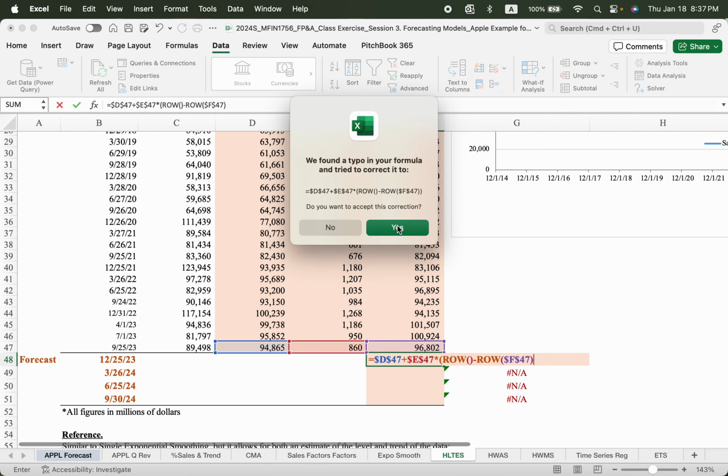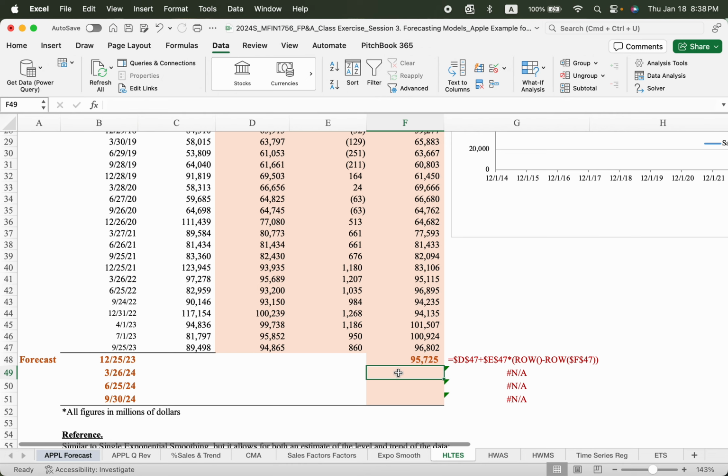Oh, we need one more parenthesis. So finally we got this forecasted sales.